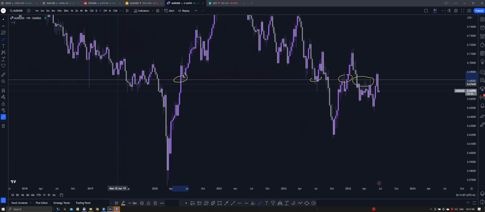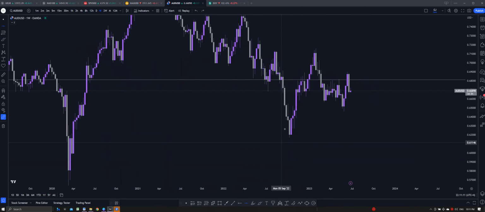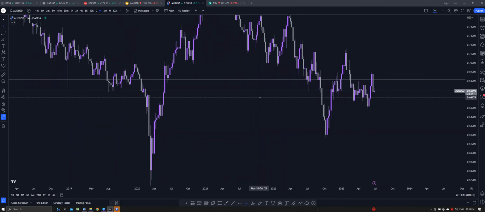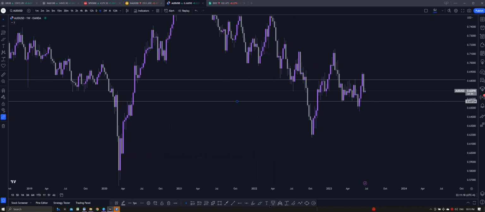So this area is a very valid area of support and resistance. Second area would be somewhere around here. Why? Look at the wicks, that area of resistance and area of support. So this area is a valid area.